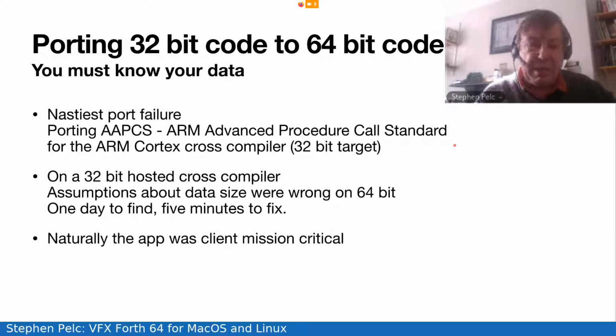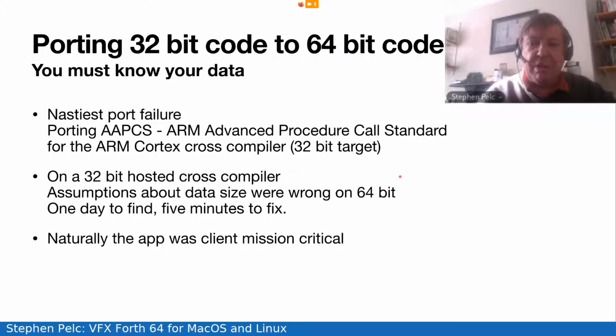This allows us to interwork between C and Forth, so that ARM targets can call C code. On a 32-bit cross compiler, the implementer had made assumptions about data size which were wrong. On 64-bit, it took us about a day or so to find this and 5 minutes to fix it.